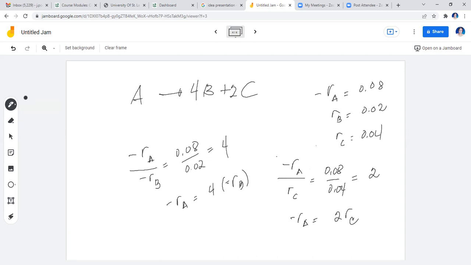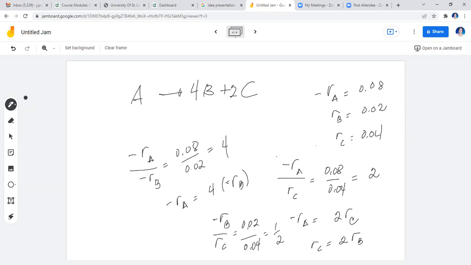Now what about B and C? We'll check. So rate of B is 0.02. Rate of C is 0.04. So this is 1/2. This tells you that R sub C is twice of R sub B. Correct?